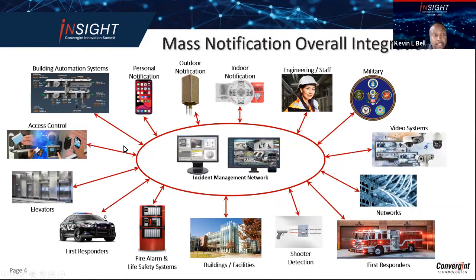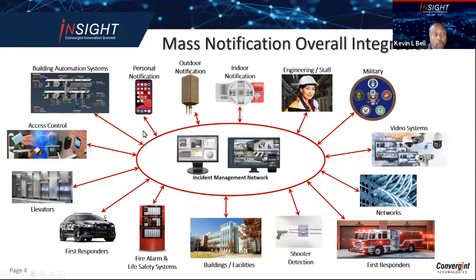If those chemicals are released into the atmosphere, most building automation systems, HVAC systems, have outside makeup air fans. These outside makeup air fans bring in fresh air along with the air conditioned air so you can have a healthy breathing environment within the building. Well, if there's a chemical spill outside, we want those fans to shut down immediately. So we integrate that into the solution.